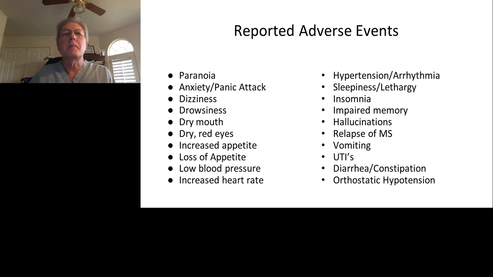Here's a list of adverse events, and they're generally related to dose used and the content of the cannabinoids and terpenes, formulation, route of administration, experience and tolerance, and other comorbid and genetic conditions influence the frequency and severity of adverse events.